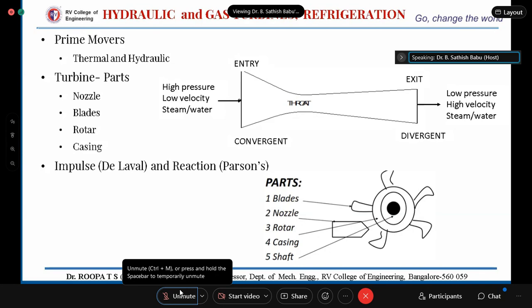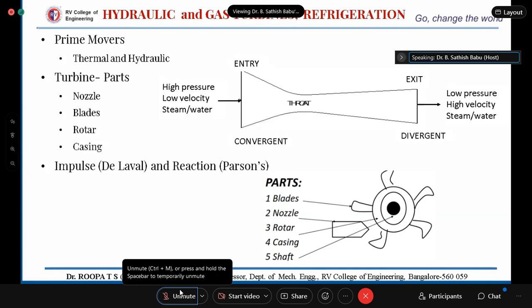You are free to go in any direction. All of you can walk in different directions, so the pressure decreases and velocity increases. You can run also. Nobody stops after crossing the door, not even the teacher, isn't it? So velocity will be more, pressure will be less.